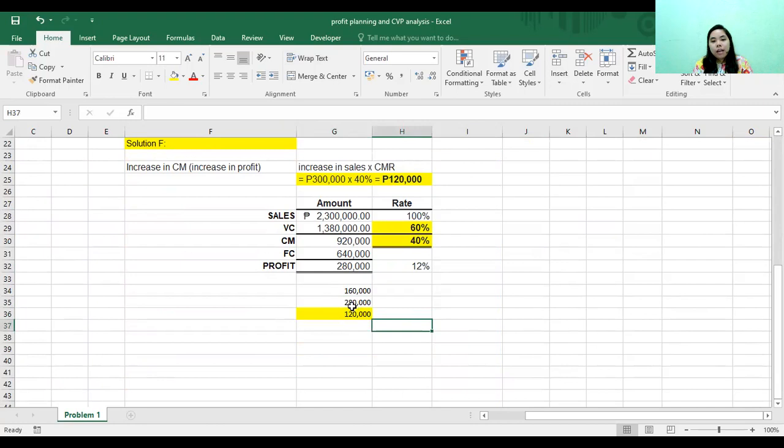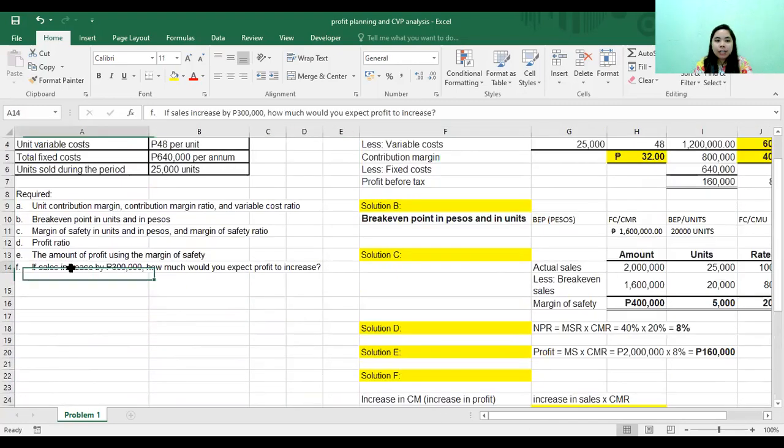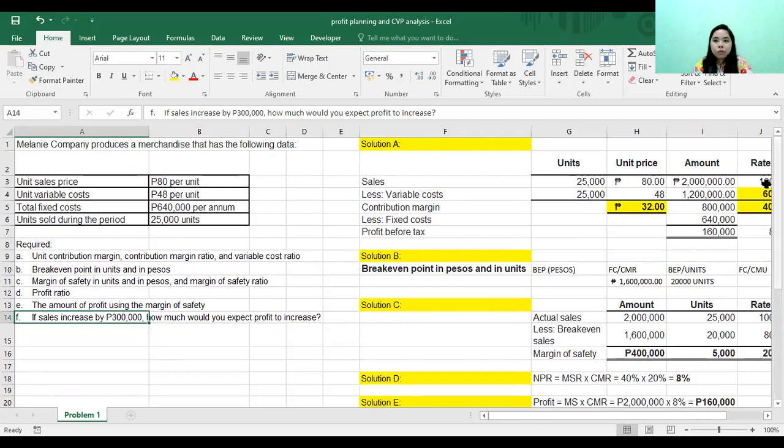So, that's it. Always note, class, in the problem, be mindful. There is a difference when we say increase by and increase to. So, increase by 300,000 means it went up by 300,000. But when we say increase to, for example, we have here 2 million, and it says the sales was increased to 3 million.